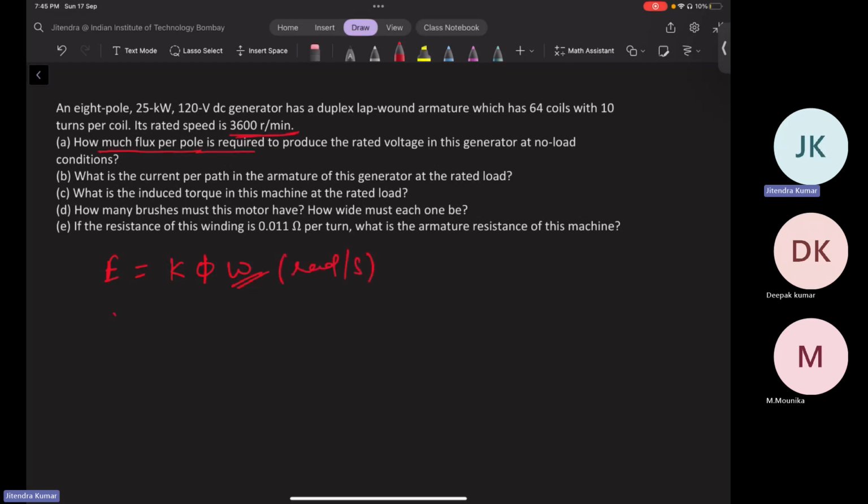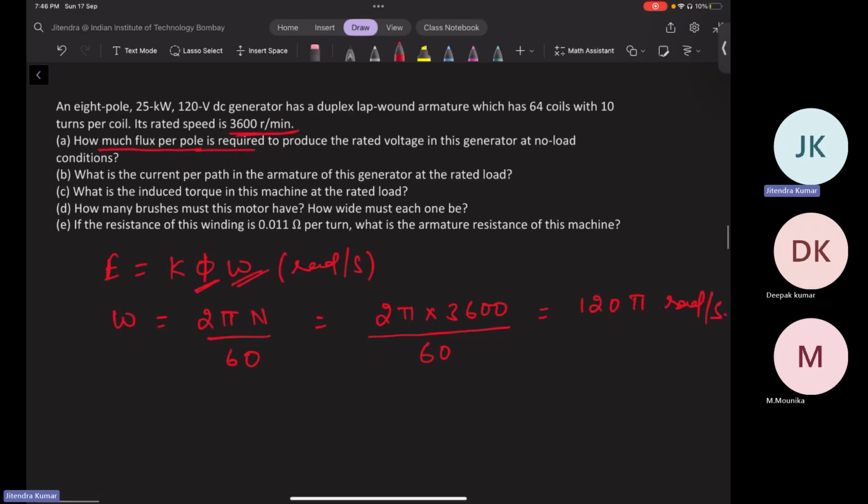So first we have to convert it using 2 pi N by 60, and it will come out to be 2 pi into 3600 divided by 60, so 120 pi radian per second. And we have to identify this phi, but K we need to compute.